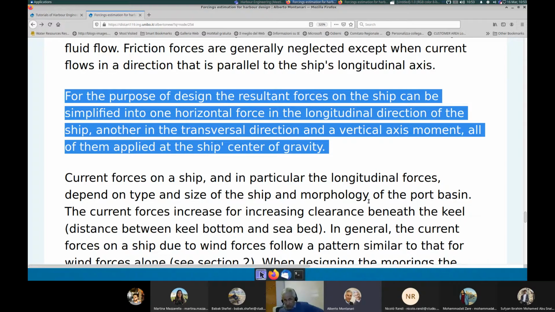But in this case, I didn't want to go into details because I don't think it is useful. These are other empirical formulations. If you need them in the future, you can look at the Ports Designer Handbook or other technical guidelines that you may find for the place of interest.